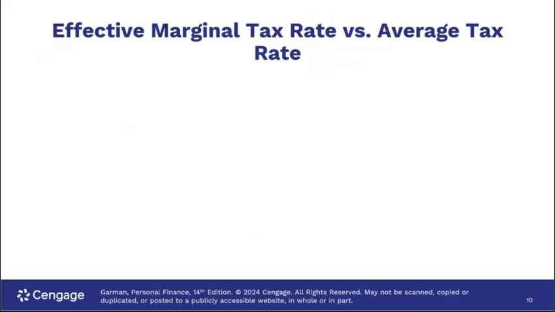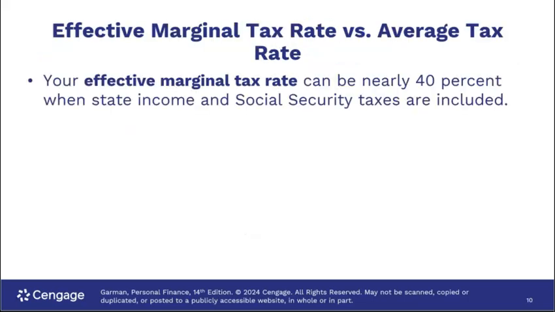So, okay, effective tax rate versus average tax rate. We'll see an example where the effective tax rate is actually over 40%, when you include state income and Social Security taxes and so forth, because a lot of folks pay wage tax and income tax.